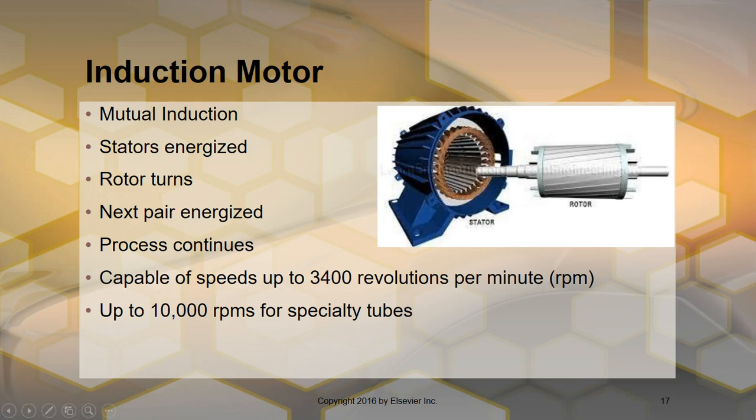The most important part of the induction motor is that it is capable of 3,400 revolutions per minute. And if you have a specialty tube for other types of imaging, they can get up to 10,000 RPMs.